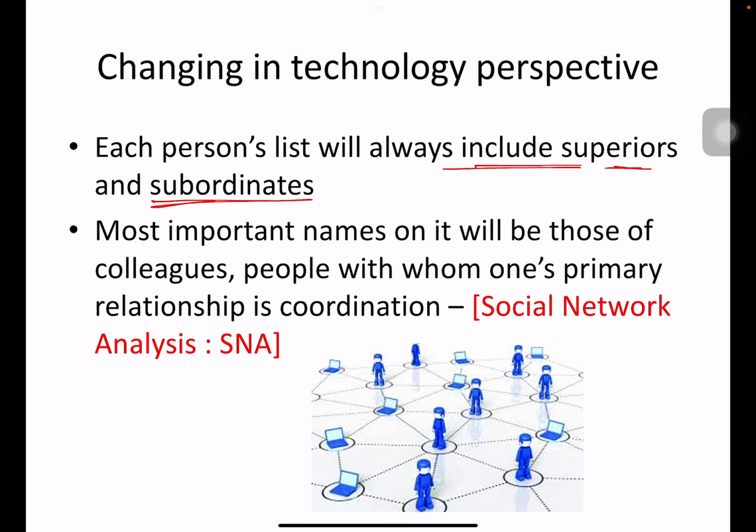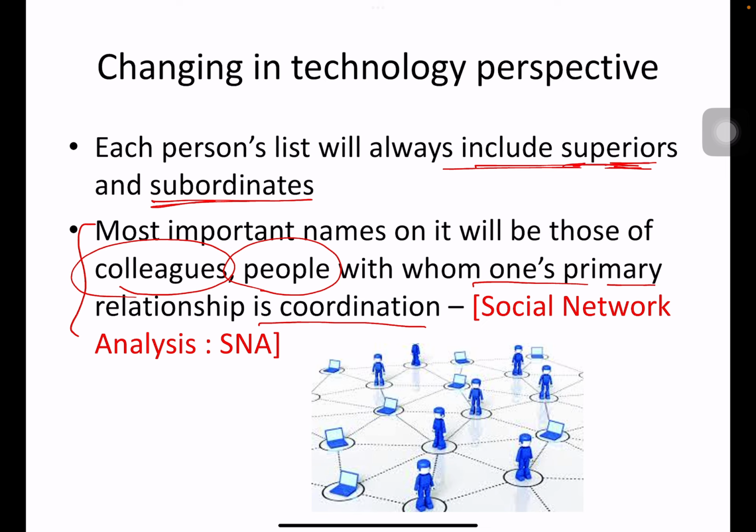And most important, that will be the colleague, people whose primary relationship is coordination. This sentence means that everyone should have a team that works on that information, but at a different level.